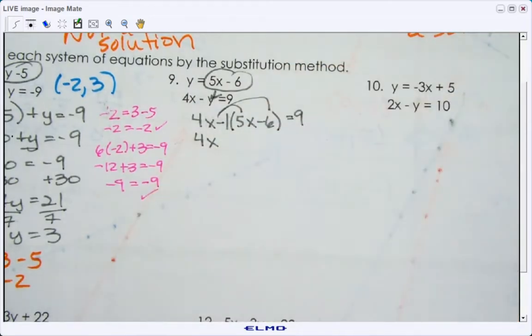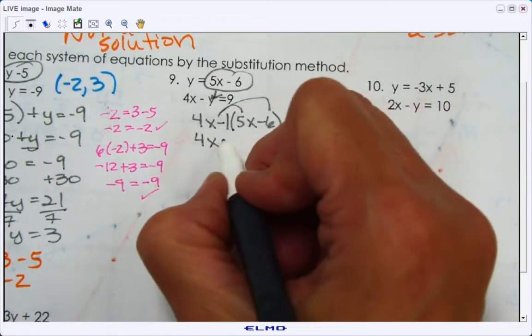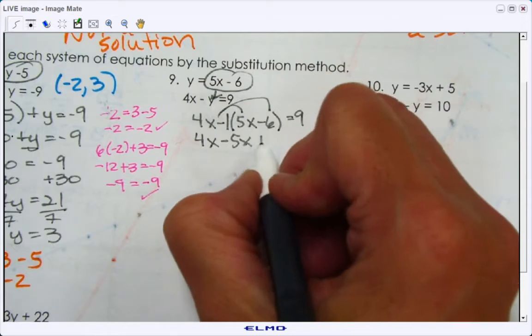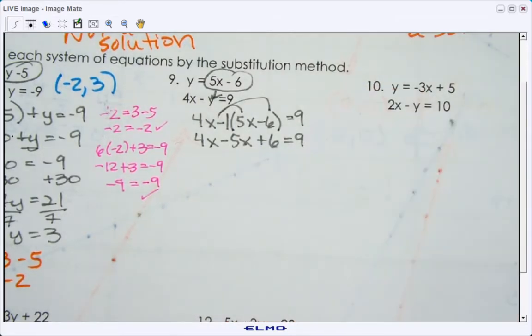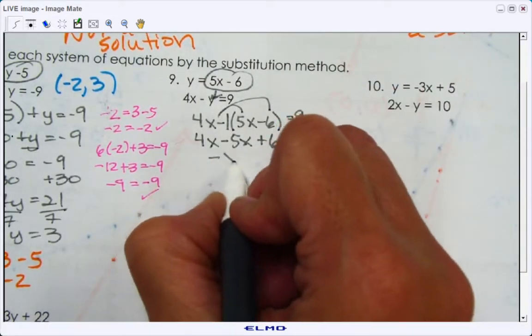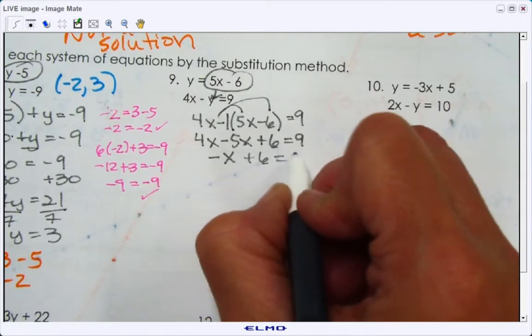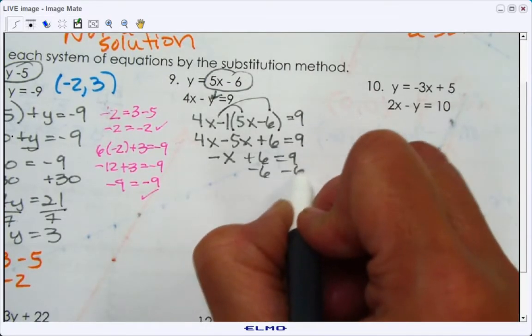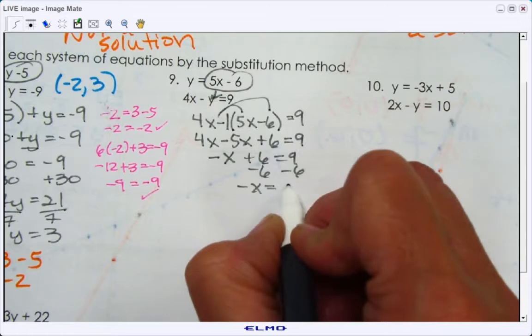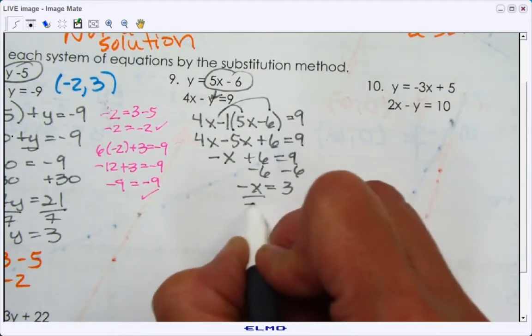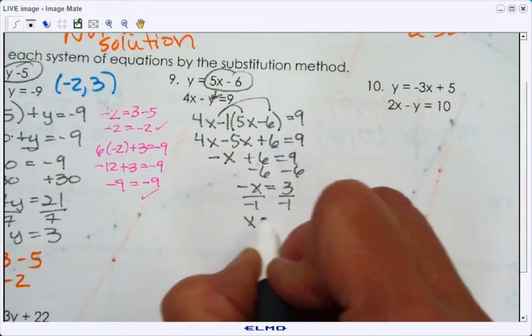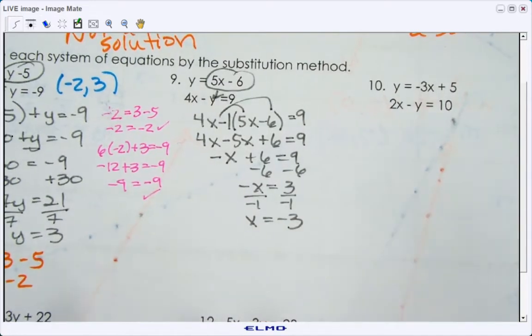Remember, it's like having a negative 1 right there. So that would be negative 5x plus 6 equals 9. I combine like terms. I get negative x plus 6 equals 9. Subtract 6 from both sides. Get negative x equals 3. Divide by negative 1 on both sides and get x equals negative 3.